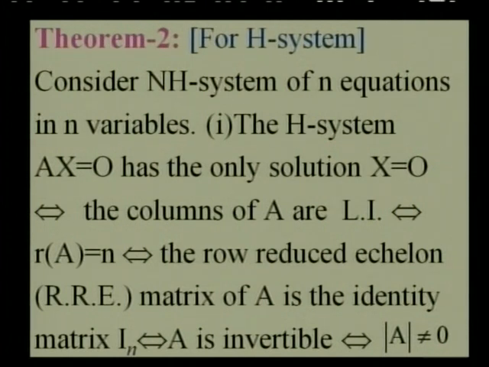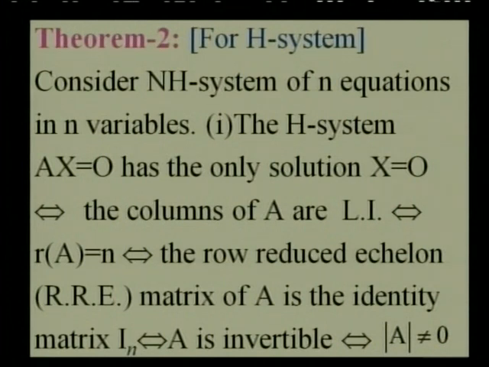This is true if and only if the columns of A are linearly independent, and that is if and only if rank of A equals n. That is possible if and only if the row reduced echelon form, in short RRE, of A is the identity matrix In, and that is true if and only if A is invertible, non-singular, and that is true if and only if determinant A is not 0.